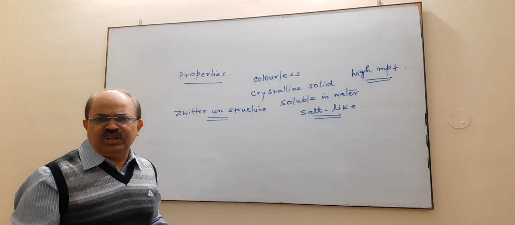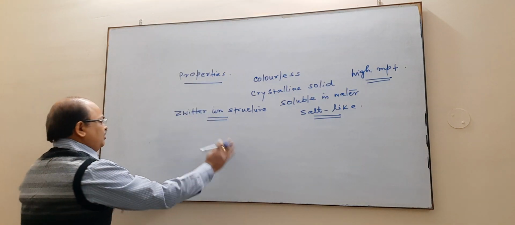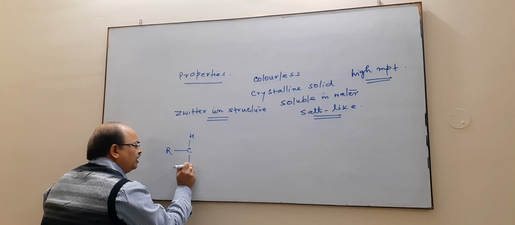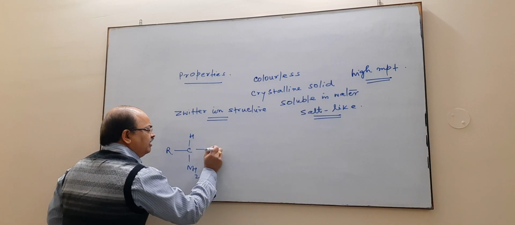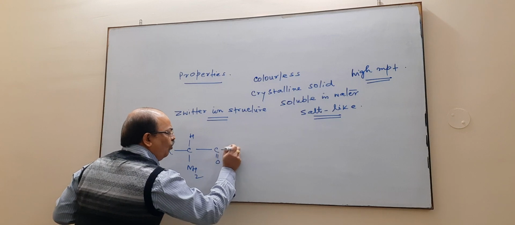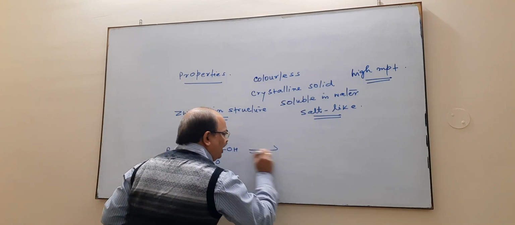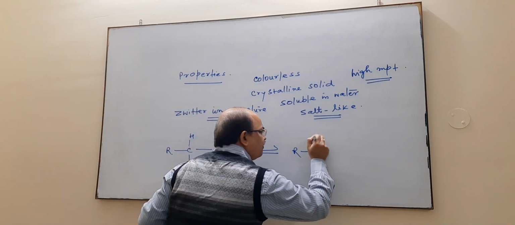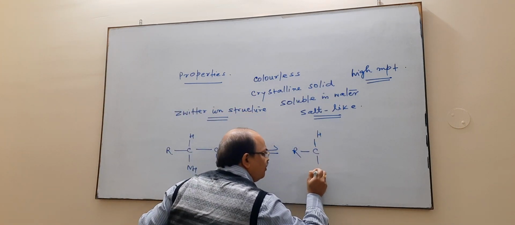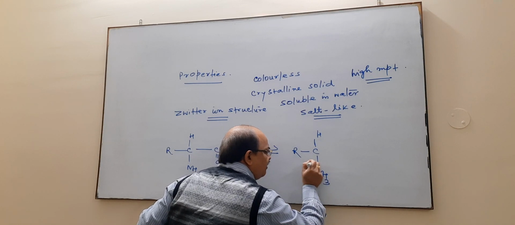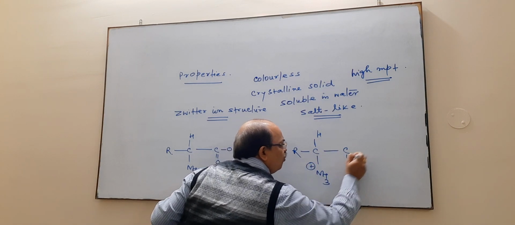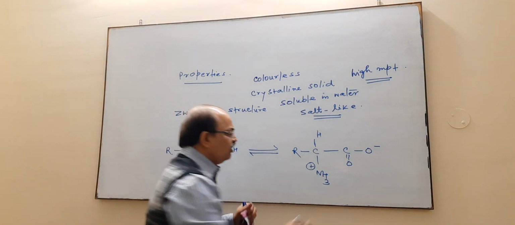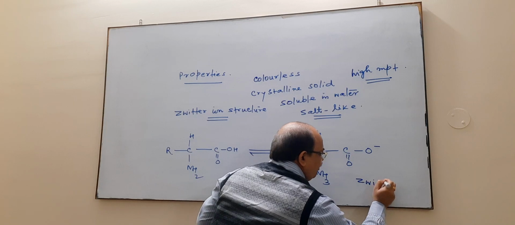So if we consider an alpha amino acid of this type, say RCH, NH2, and COOH, it has a zwitterion structure. The zwitterion structure is RCH, NH3 plus, and COO minus.